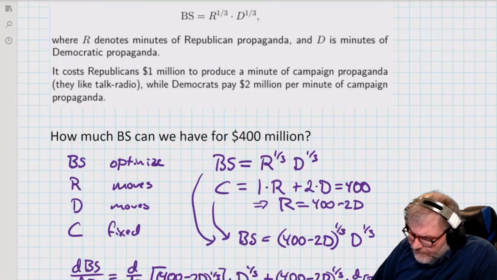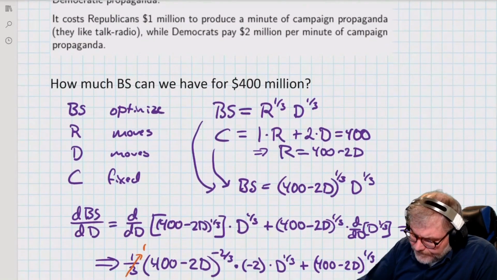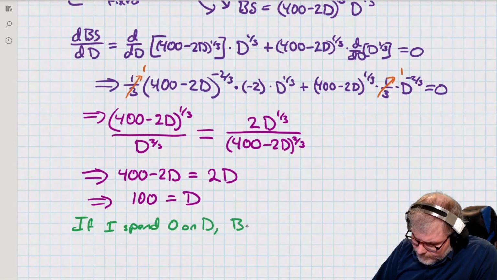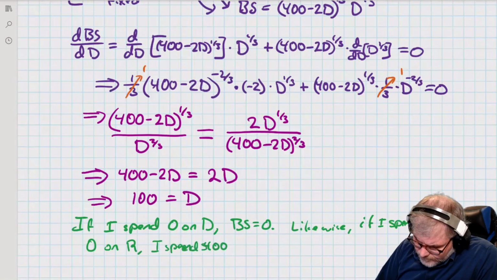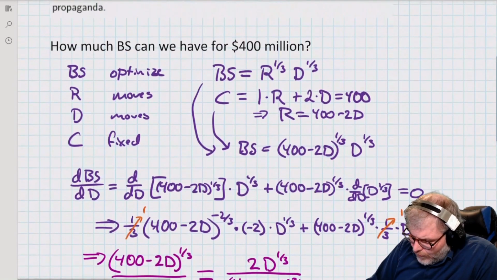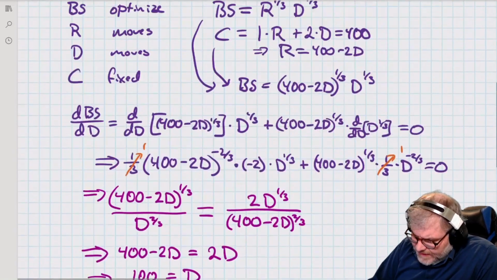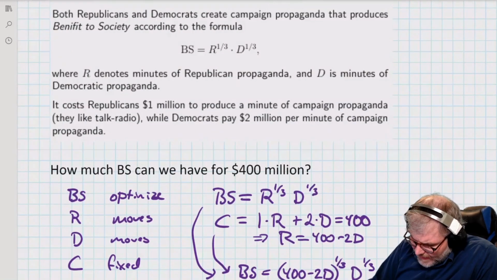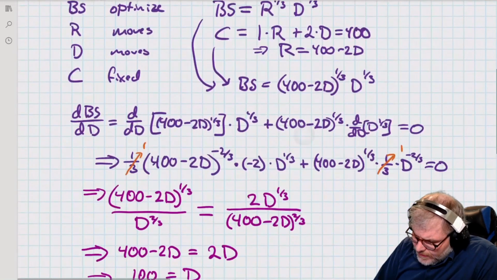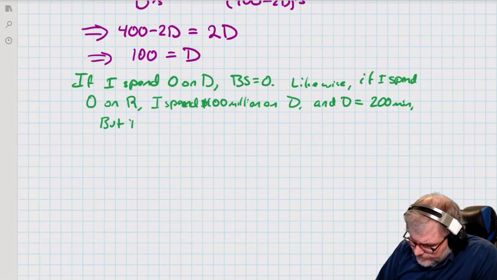So what would it look like if I spent 0 on R? For 400 million, the Democrats can buy 200 campaign minutes.